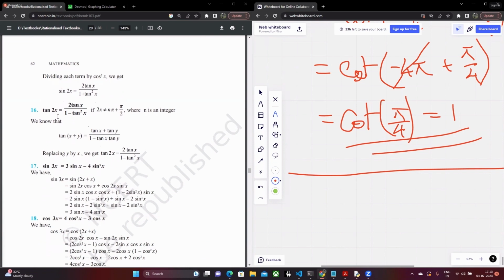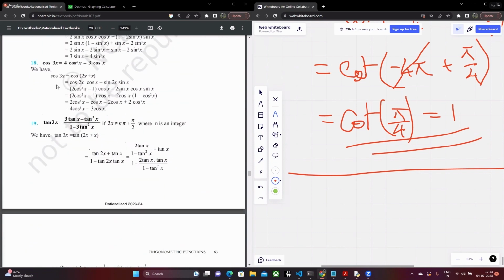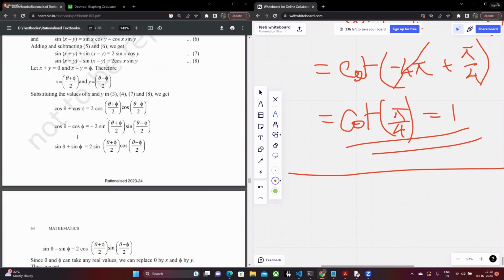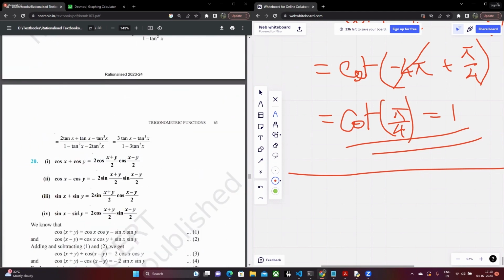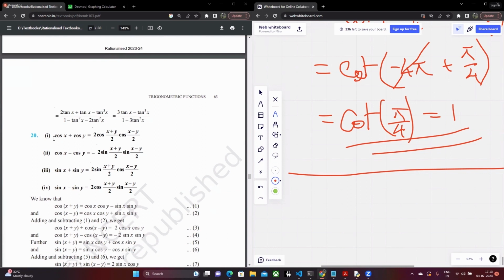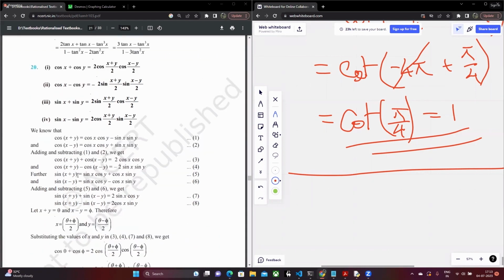Right, and tan 2x over here, you have sin 3x, you have cos 3x, tan 3x, right? And then you will have these 4 formulae, that is the sums of cosines, sums of sines, difference of cosines, difference of sines. You'll notice that cos x plus cos y is 2 cos of x plus y by 2, cos of x minus y by 2. And similarly for these, right?